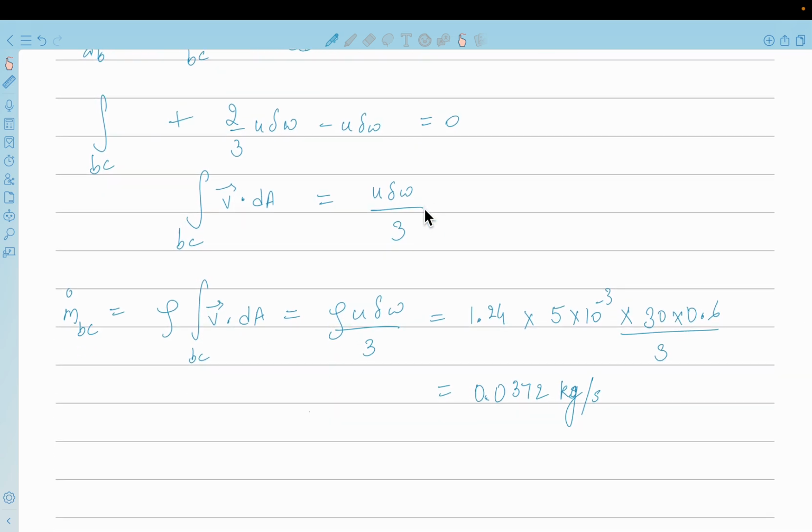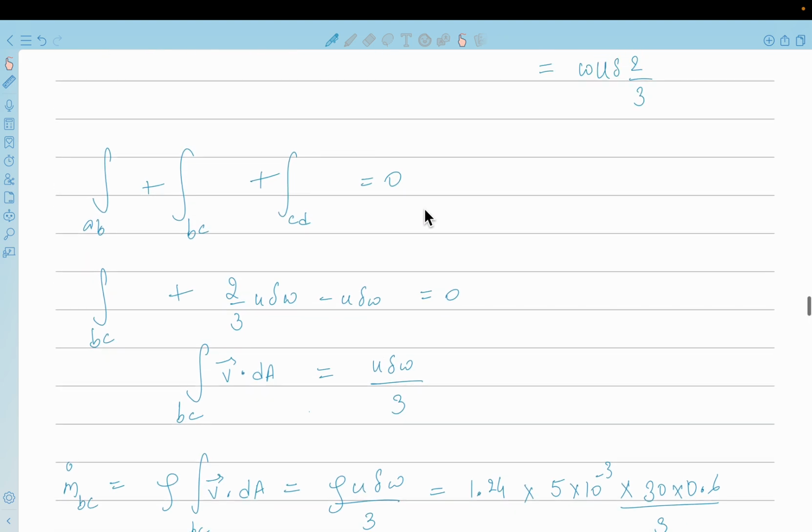Are there any questions about this problem that we just now solved? Yes. Why should it be negative? Yes, that was on the left hand side, right? So you see this is on the left hand side. So I have taken on the right hand side, it becomes positive. This is correct.